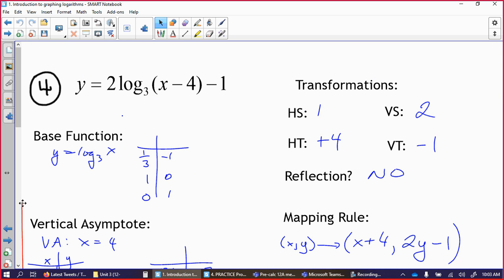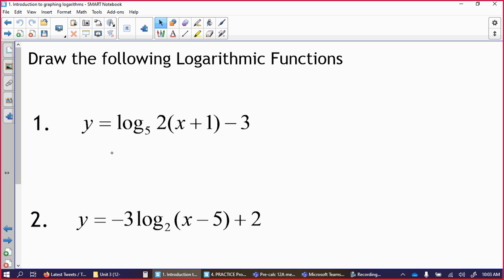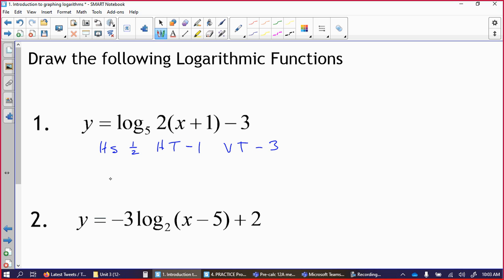We did the whole business with 1, and so I'm just going to, this one has a horizontal stretch of a half, a horizontal translation of -1, a vertical translation of -3.